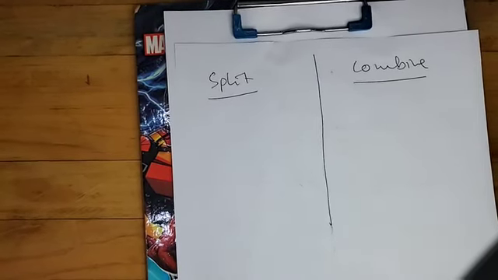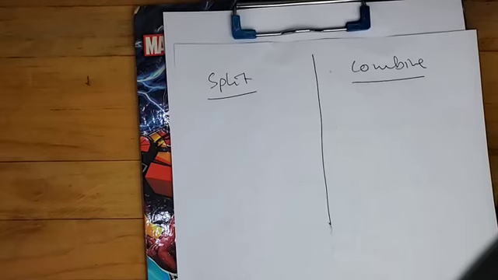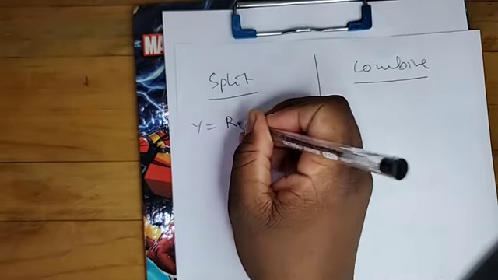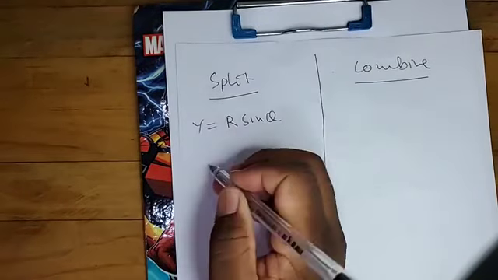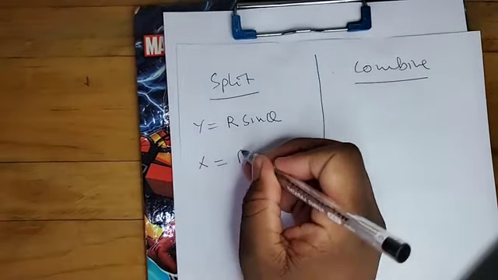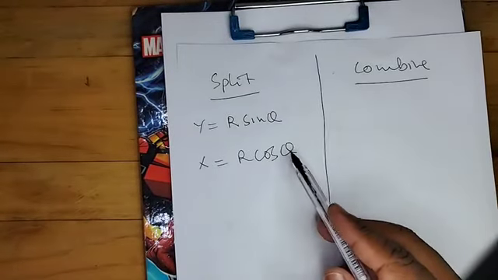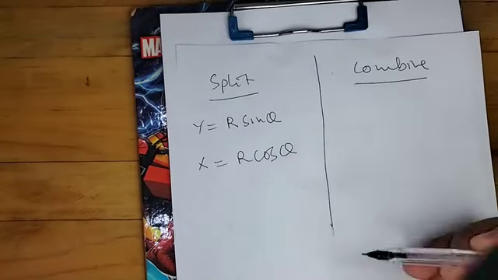Okay, so Mon tells us x component is r cos theta, y component is r sine theta. Excellent. So to split, the y component is r sine theta and the x component is r cos theta. And this theta, you always make sure the angle is read from the positive x-axis.